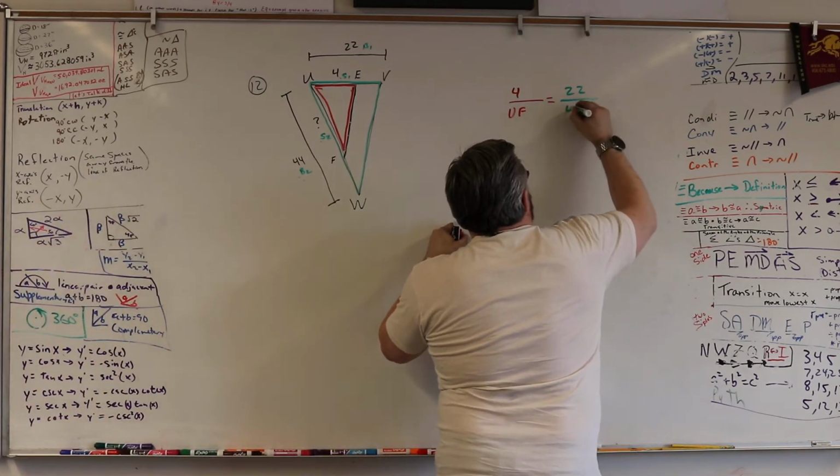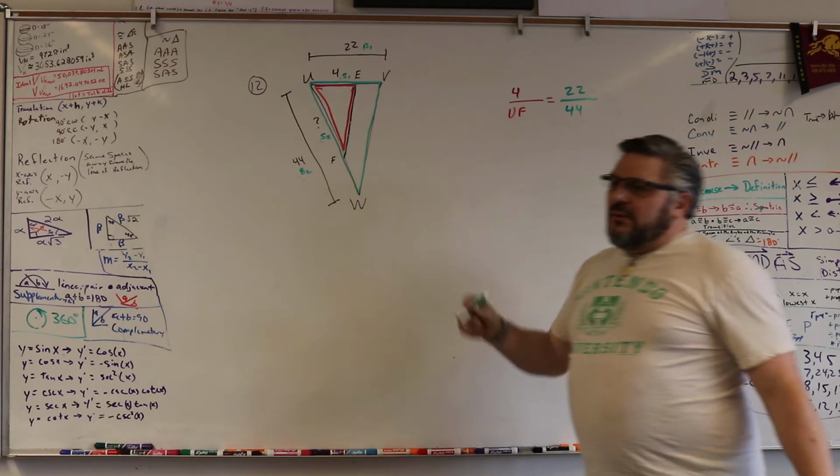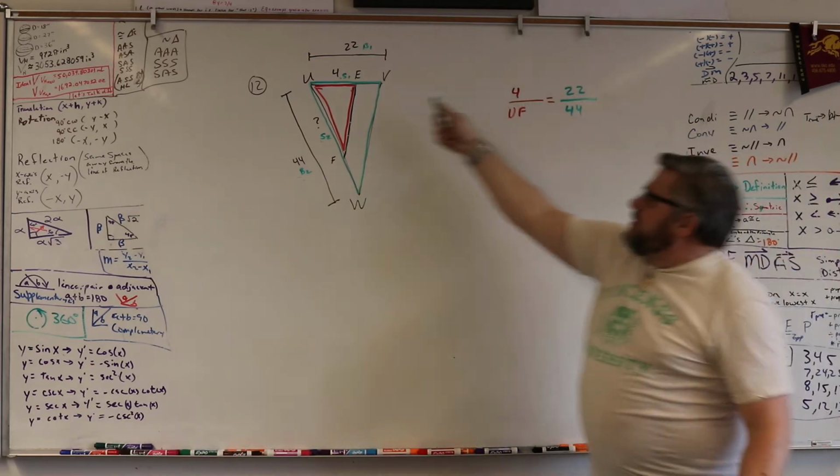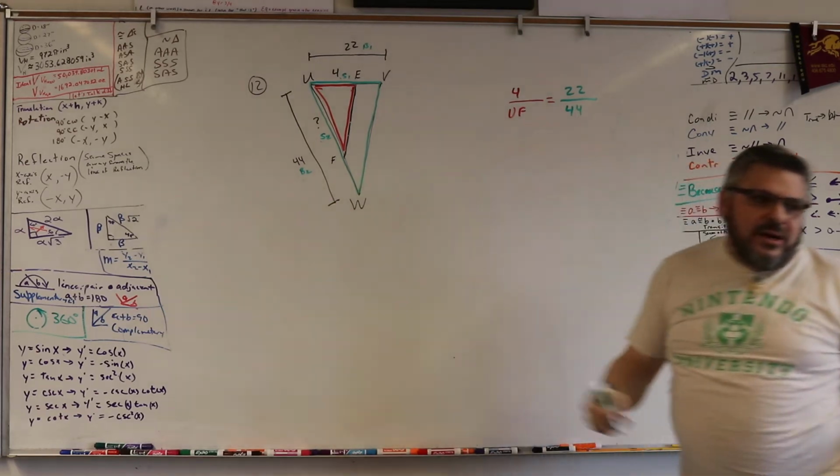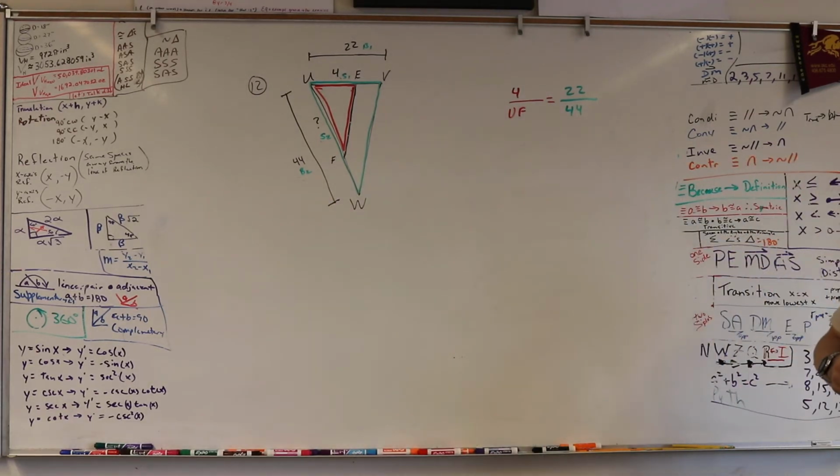Does everyone see how I got 4 is to 22 as question mark is to 44? Where are the sides?